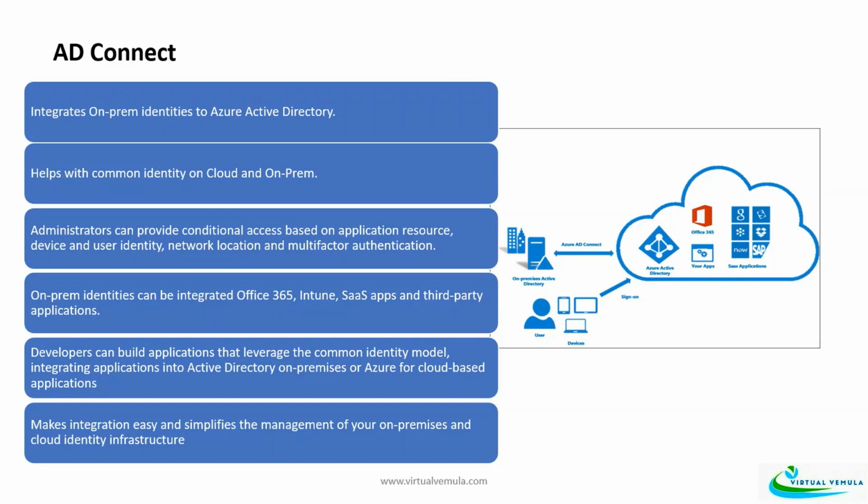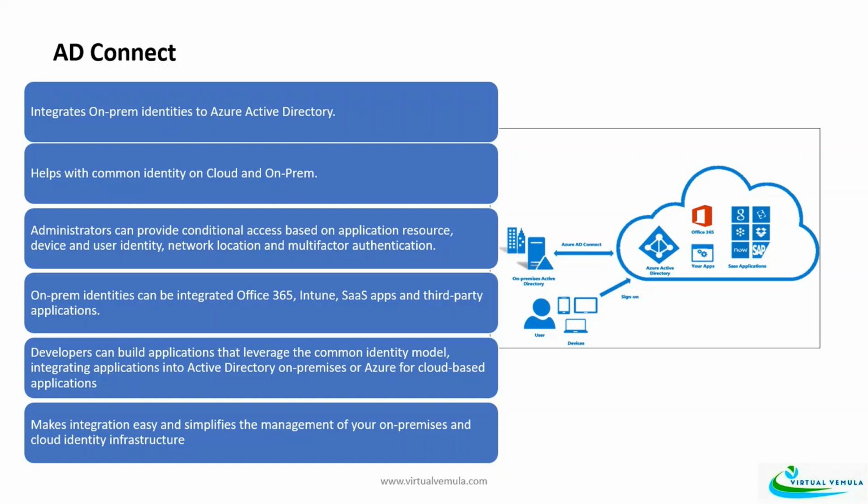Now, what is AD Connect? As I explained initially, it's a service, or a connector, that will help you to synchronize your on-premises identities to Azure cloud, which means it integrates. It helps you to have a hybrid identity environment. Then what is the advantage of having a hybrid identity environment?